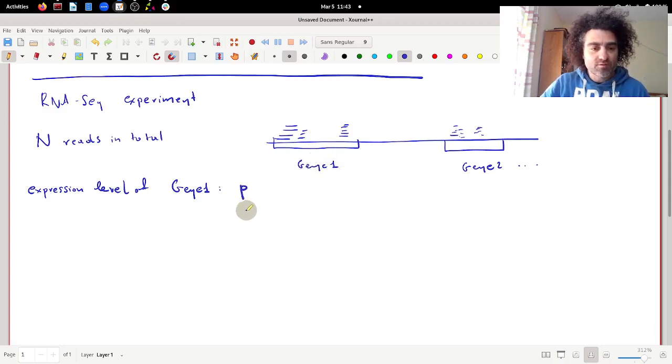Or in other words, from the total RNA, from all RNA, mRNA in the cell, what is the proportion, or what is the frequency of the mRNA from gene 1.